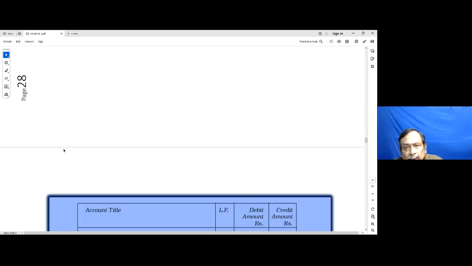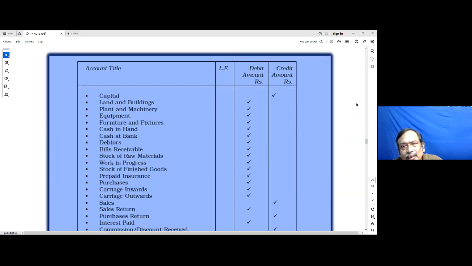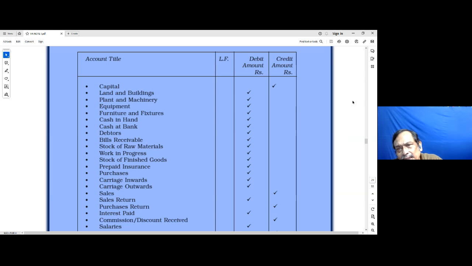Now, I have given an example. Capital having credit balance, liability. Land and buildings, debit balance. Plant and machinery, fixed assets, debit balance. Land and building is also a fixed asset, debit balance. Equipment having debit balance, asset. Furniture and fixtures, also assets, debit balance.